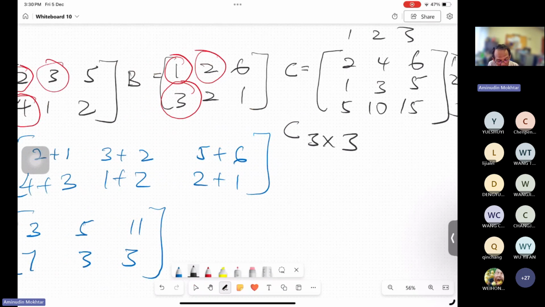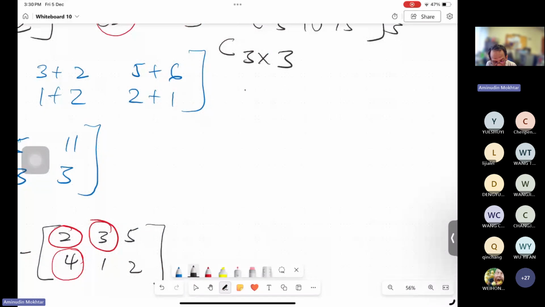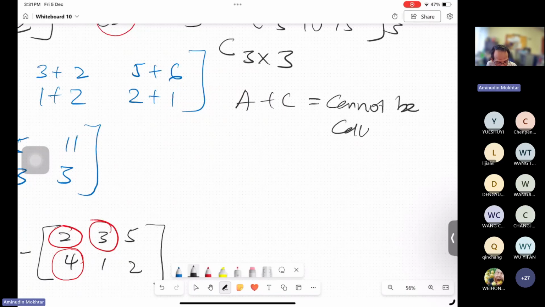The number of columns in matrix C does not equal the number of rows of matrix A and B. So in other words, we cannot calculate the matrix addition or matrix subtraction for A. Let's say I would like to find A plus C. The answer is it cannot be calculated.